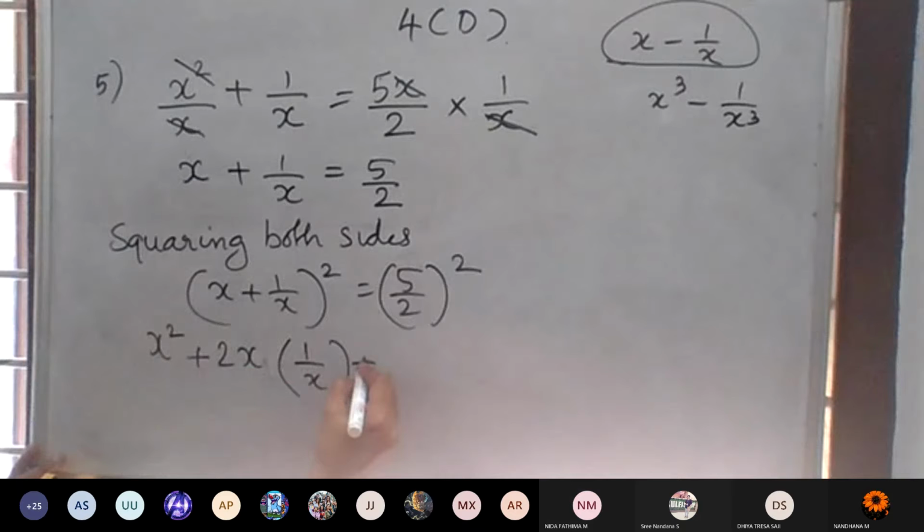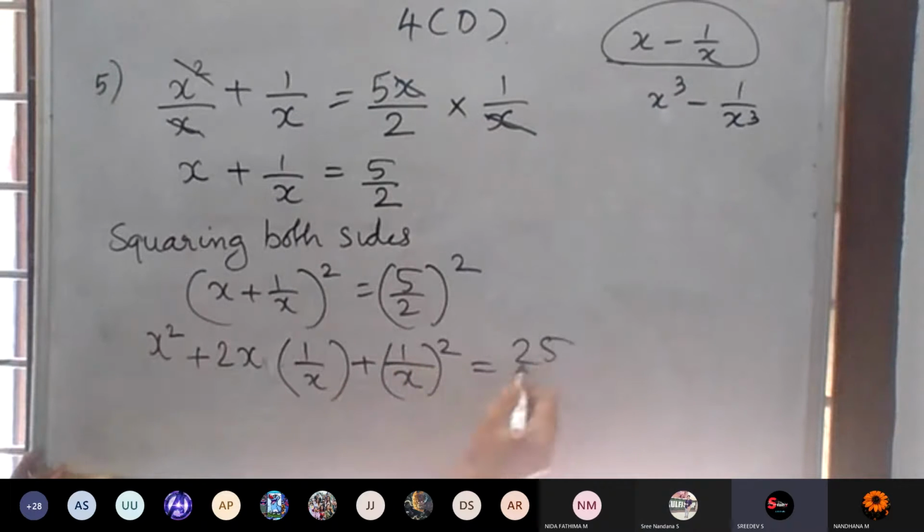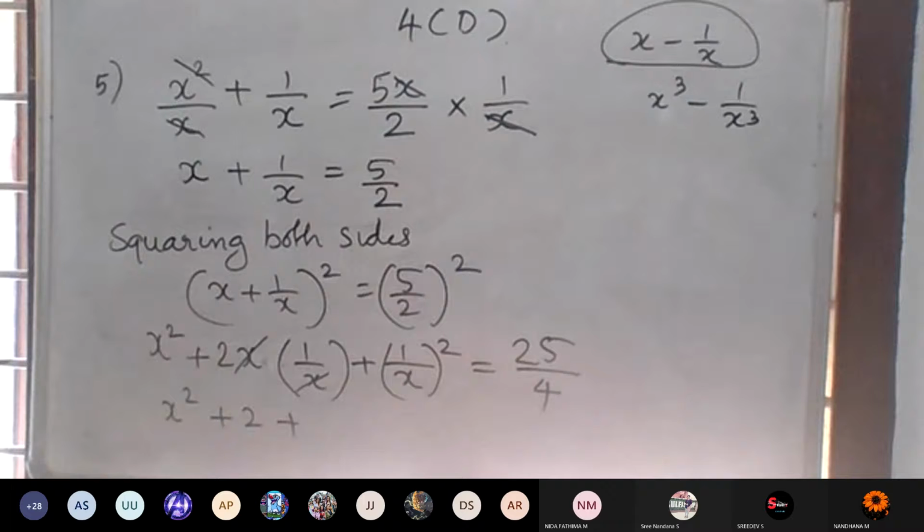Plus 1 by x square, is equal to 25 by 4. Then x we can cancel. So x square plus 2 plus 1 by x square.